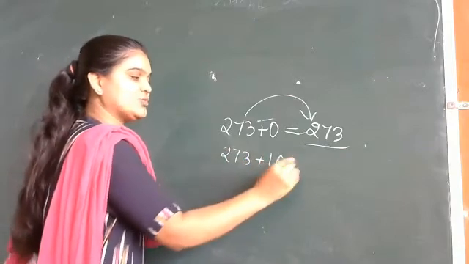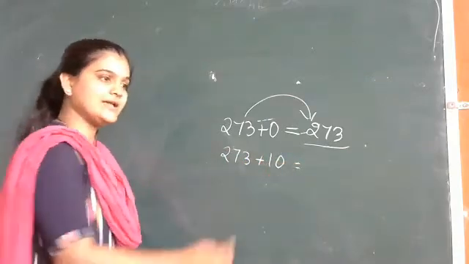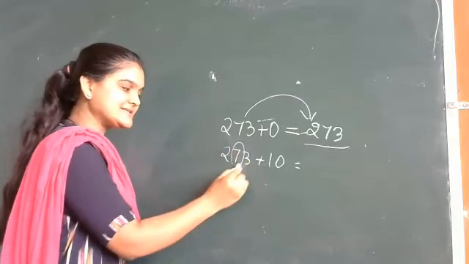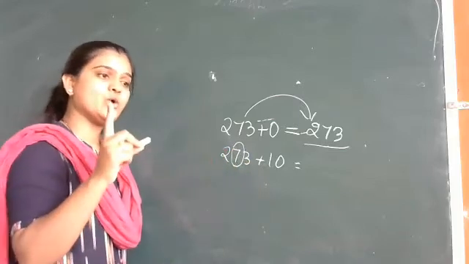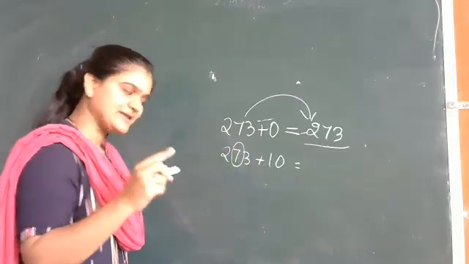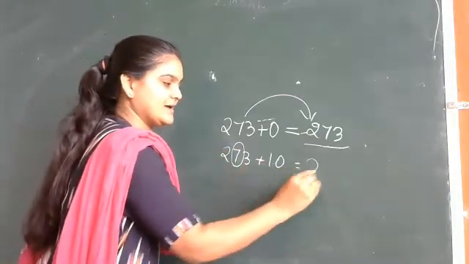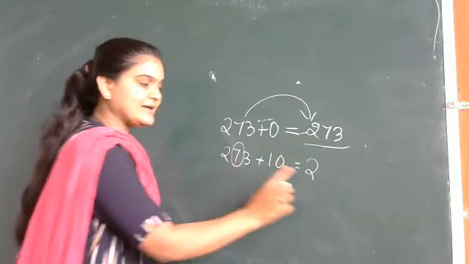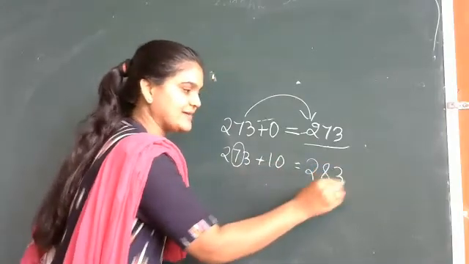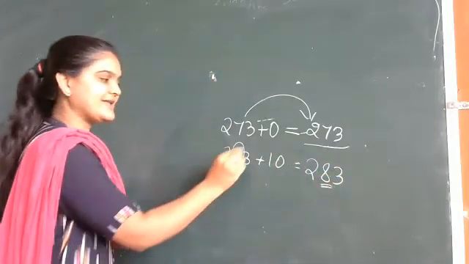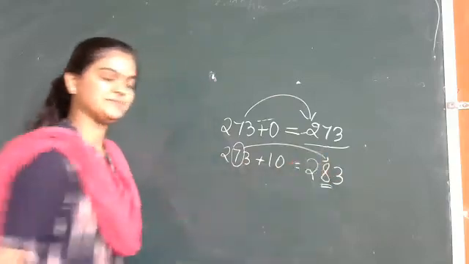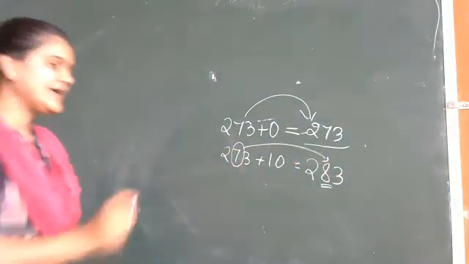But if you are adding 10 to any number, what will happen? The tens digit will increase by 1. Yes, the tens place will increase by 1. 7 will become 8. Is it clear, children?